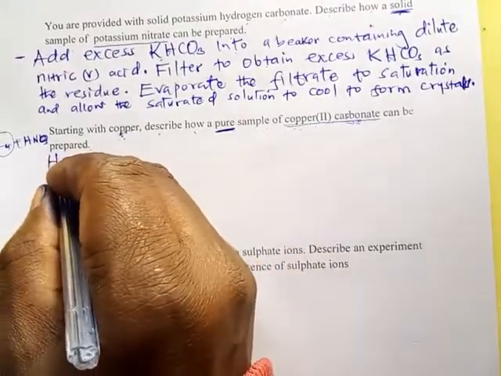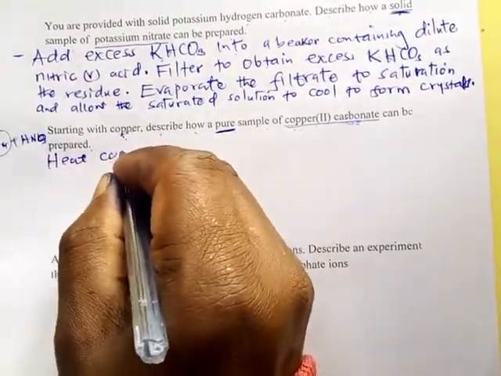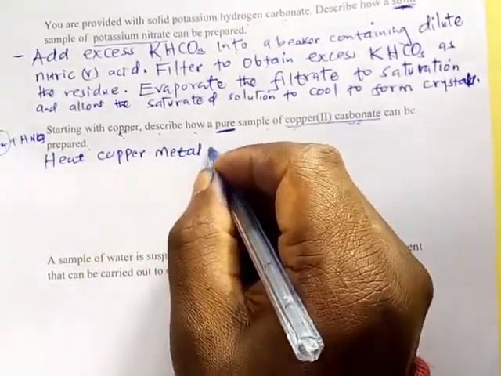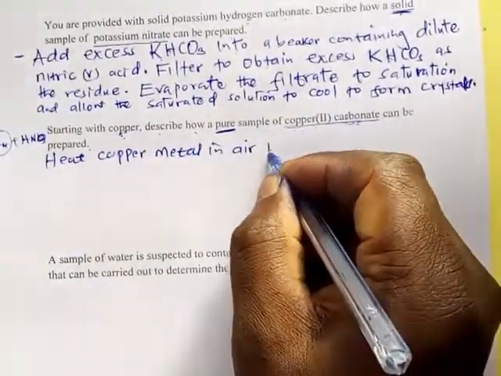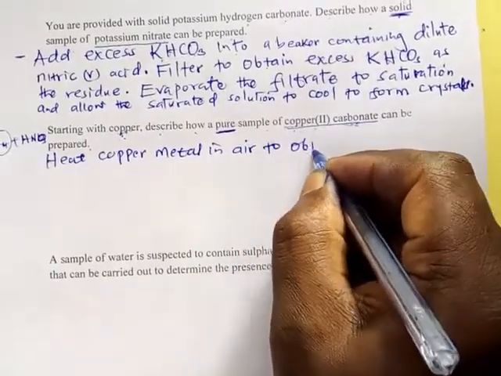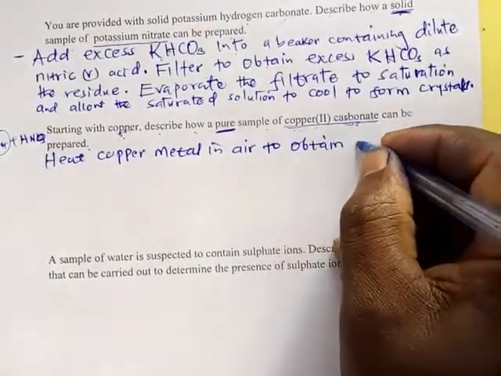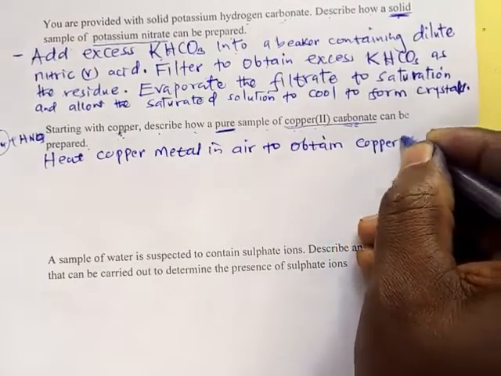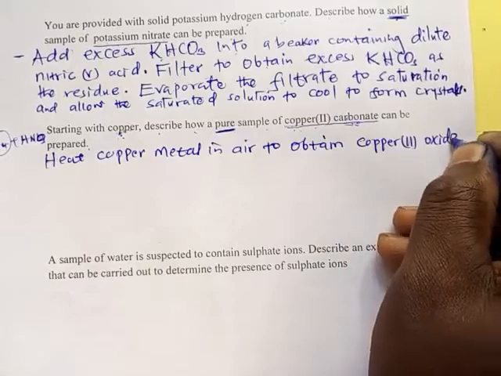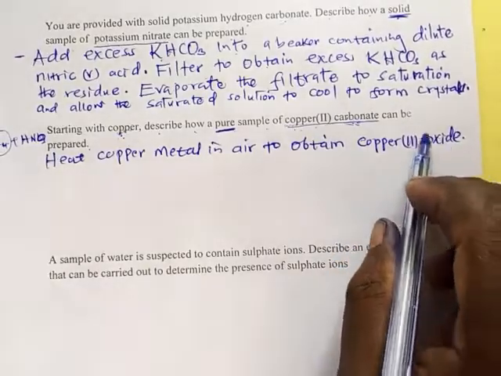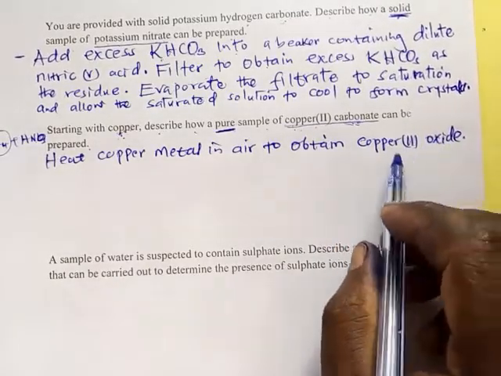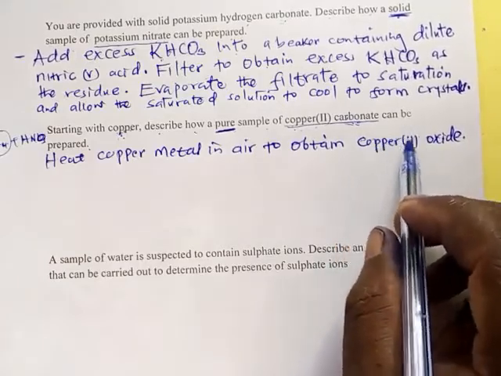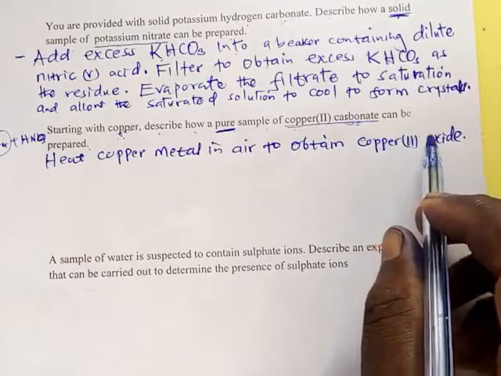So heat copper metal in air to obtain copper 2 oxide. Very correct. Once you have copper 2 oxide, you add warm nitric acid, because oxides are insoluble, therefore you need to warm the acid.